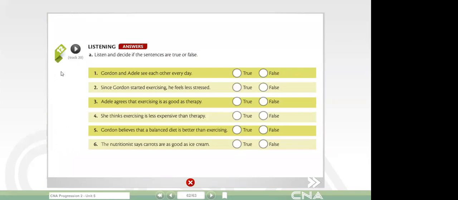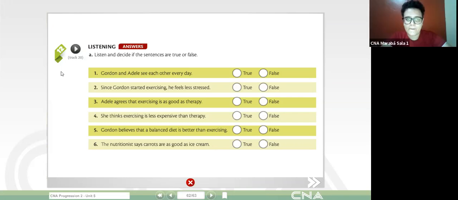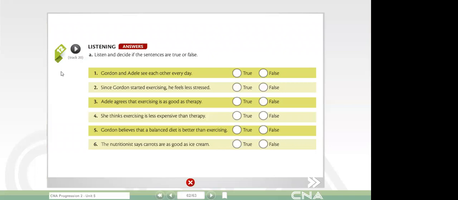Gordon and Adele see each other every day. Number 2, Lisander. Since Gordon started exercising, he feels less stressed. Number 3, Amanda.